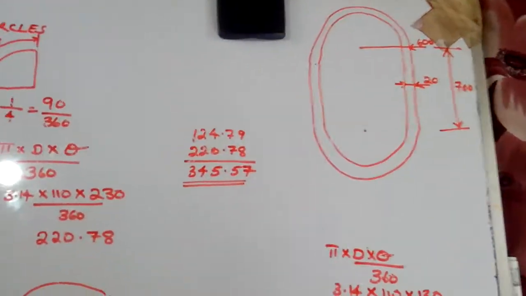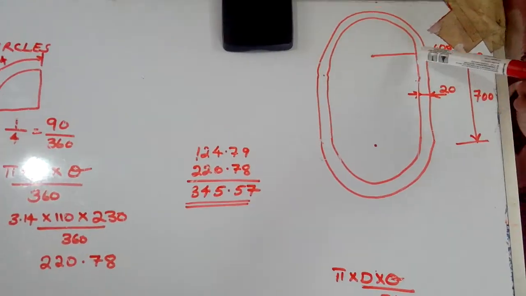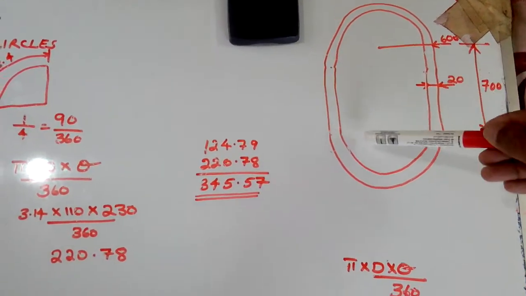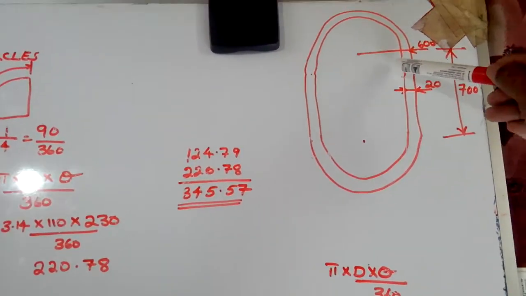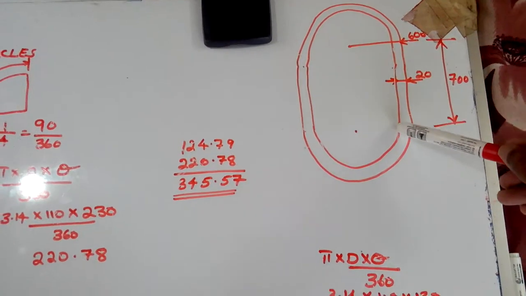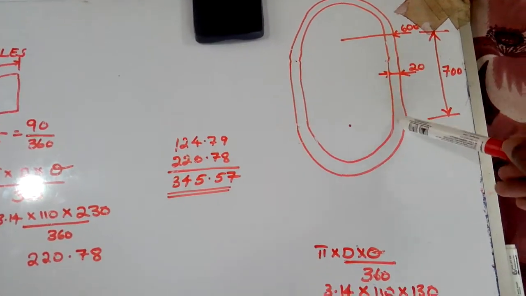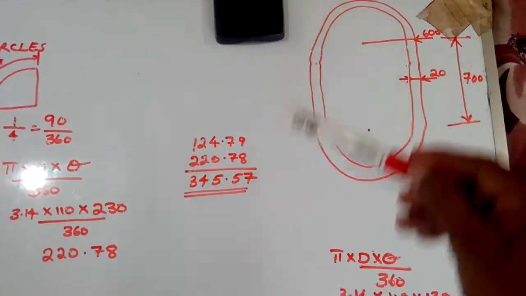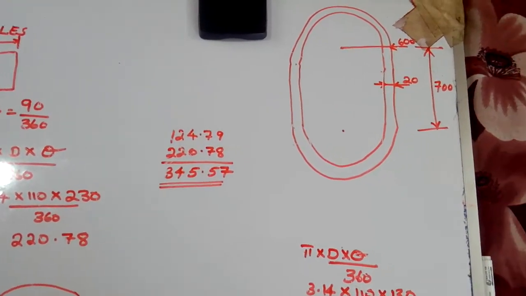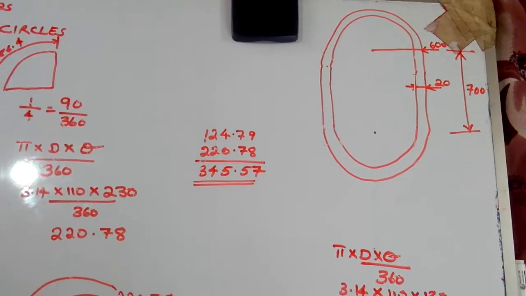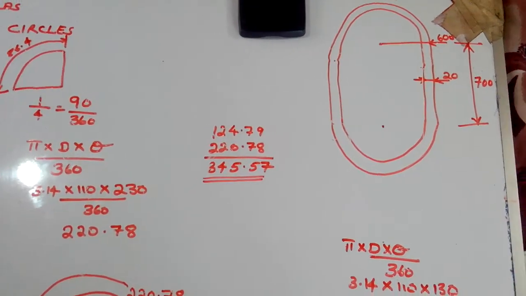And its straight length from center to center is straight. There is no curved line. From here to here is straight. From here to here is straight. From here to here is straight. That is 700. These three measurements I have given you. Find out its development.